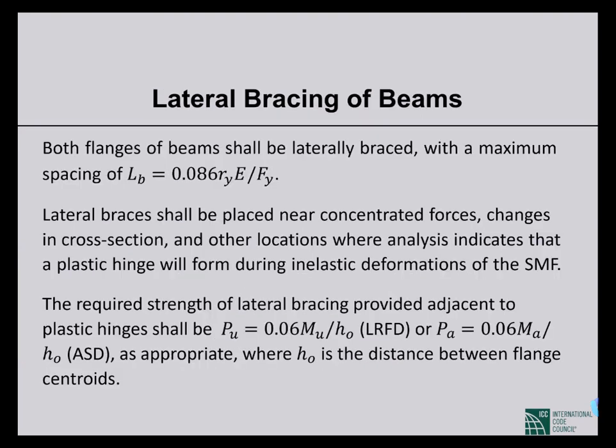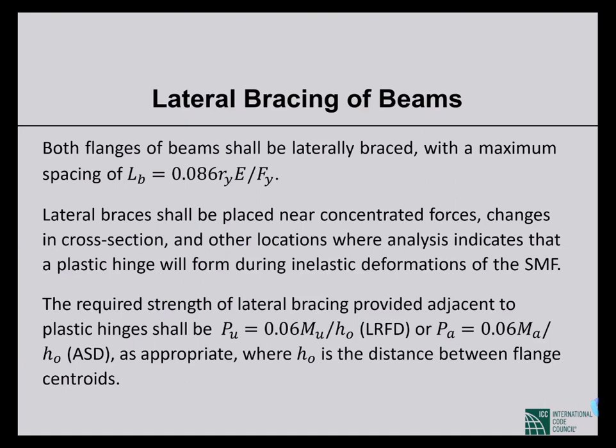Okay, lateral bracing for beams. Both flanges of beams shall be laterally braced with a maximum spacing of Lb, beam bracing spacing, of 0.086 ry E by Fy. Now, what is ry?